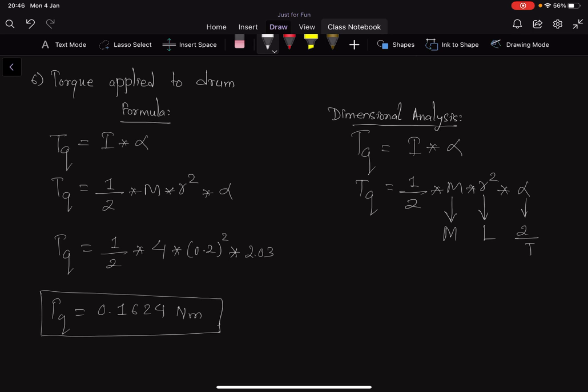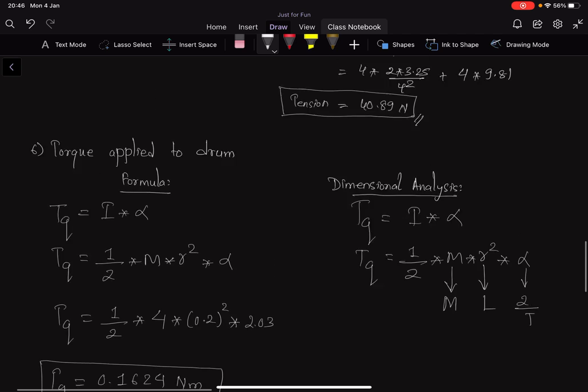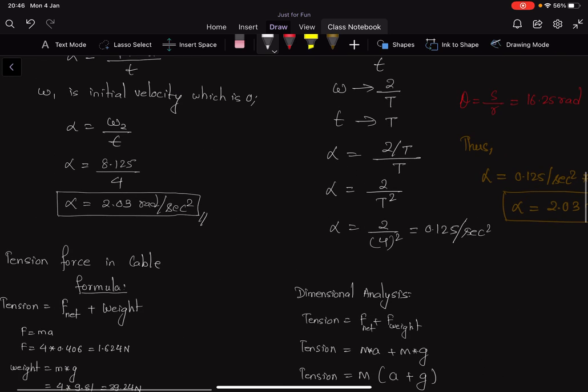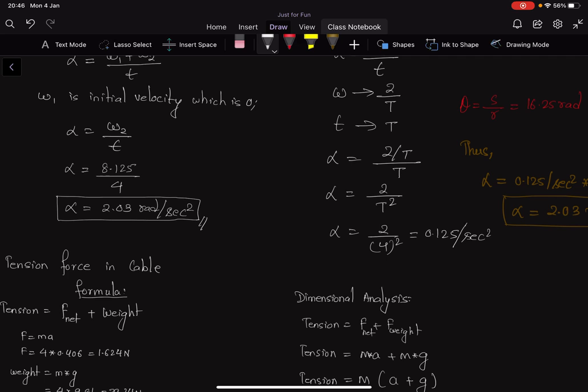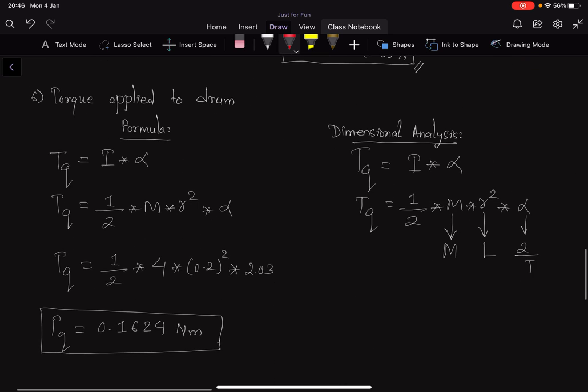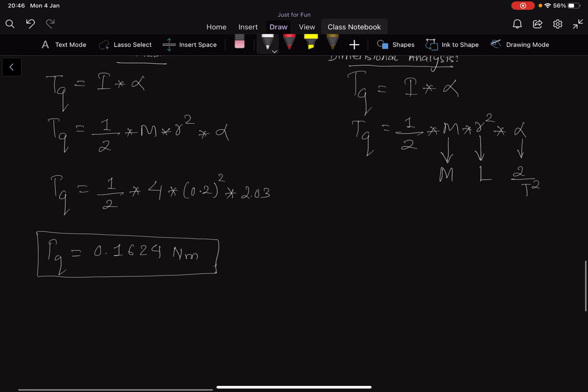If you go back to question number 4 and look at it again, this is our alpha, and we have 2 over t squared. So I think I need to put a square there. Right, so once we have those, let's substitute. We're going to get TQ as half, we have mass, we have L squared times 2 over T squared.